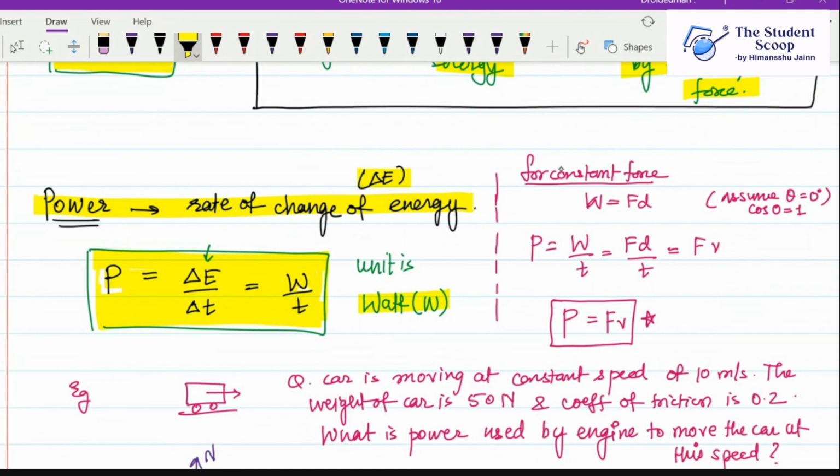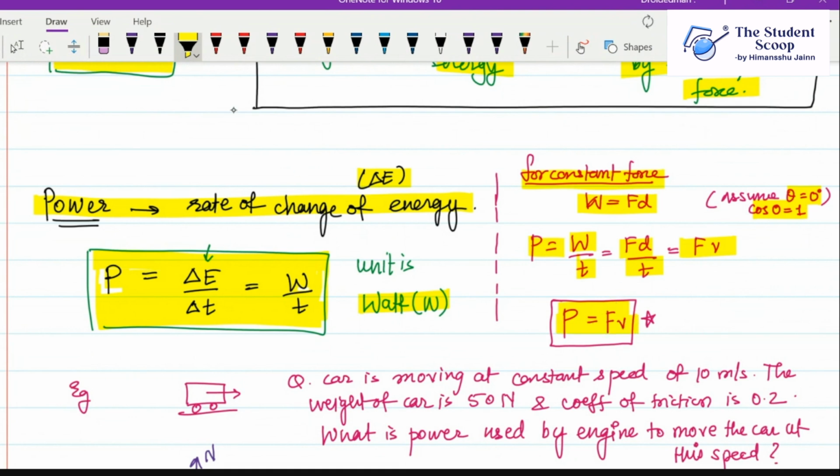If the force is constant, this is very important, and we assume theta is zero, then the power can be written as work done over time. Work done can be written as force into displacement, or distance traveled, and distance over time is velocity. So our power is F into v.